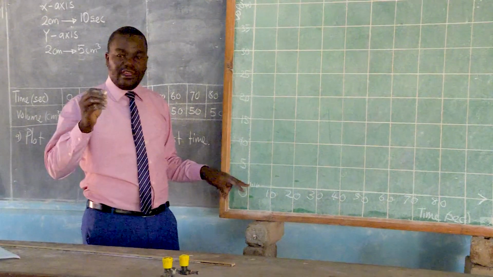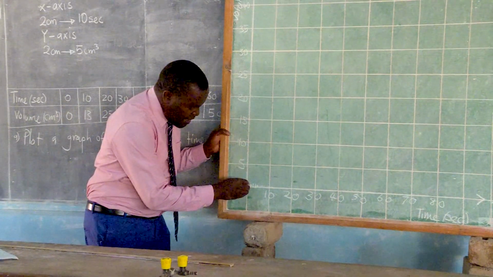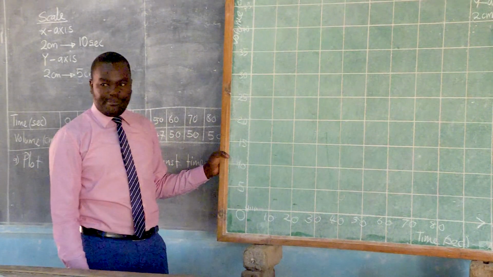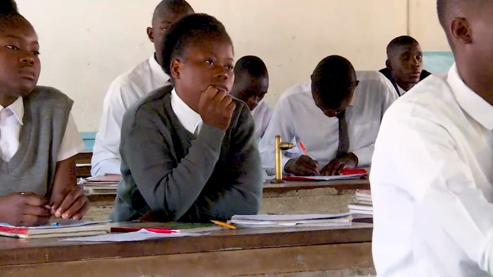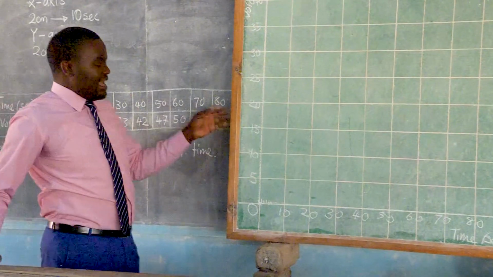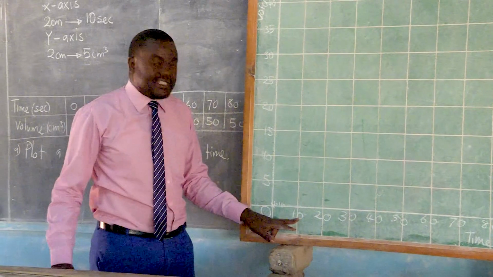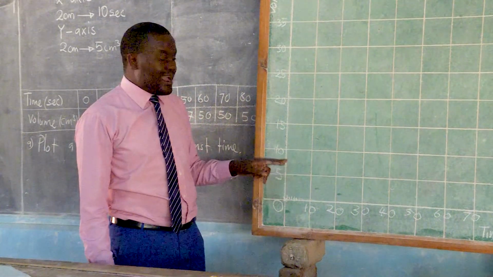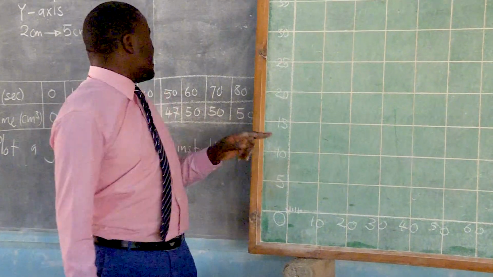So we simply indicate by putting a small cross with a sharp pencil. Are we together? Our next coordinate is 10. When time is 10 seconds, the volume of the gas produced is what?